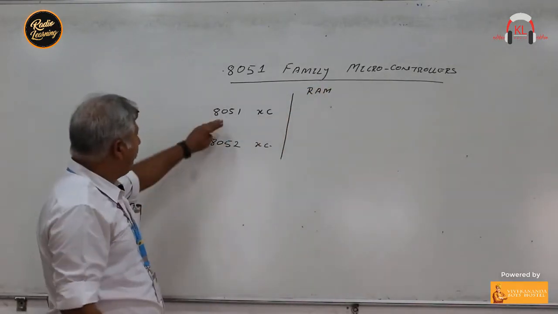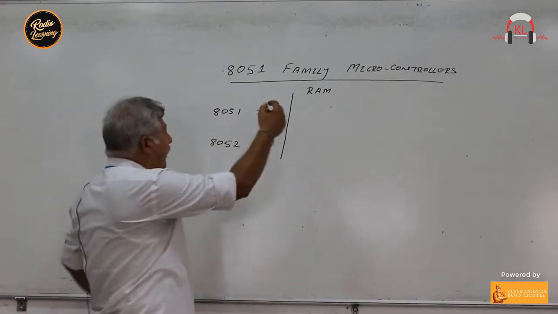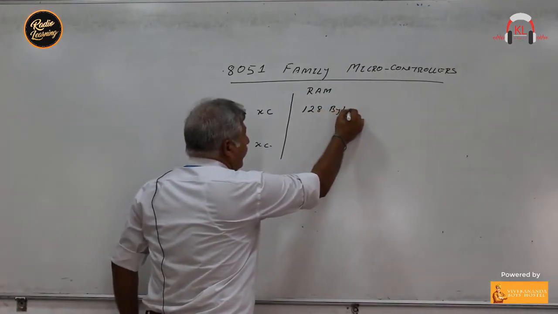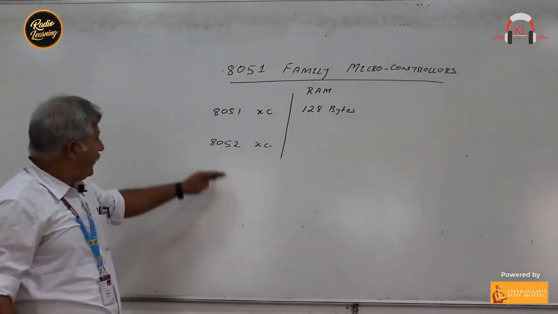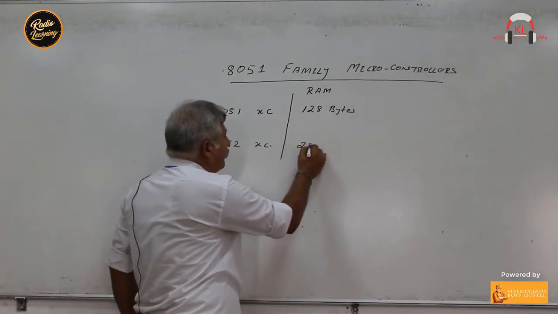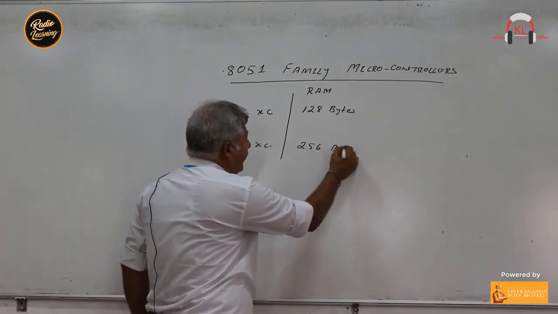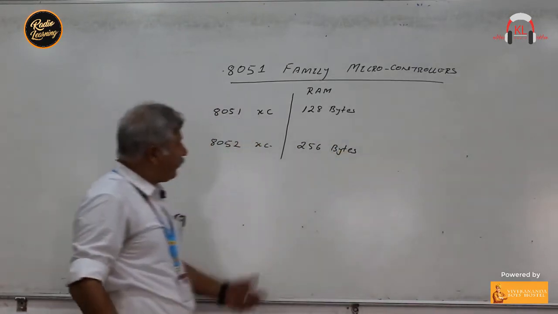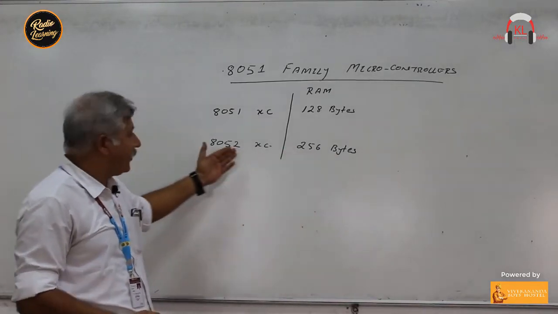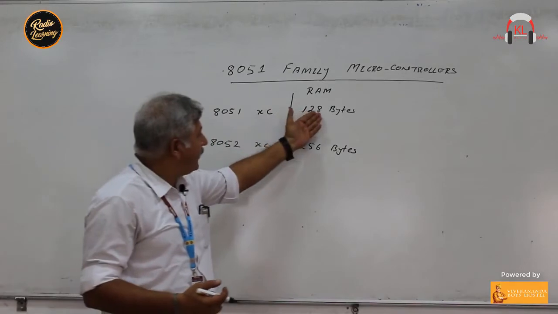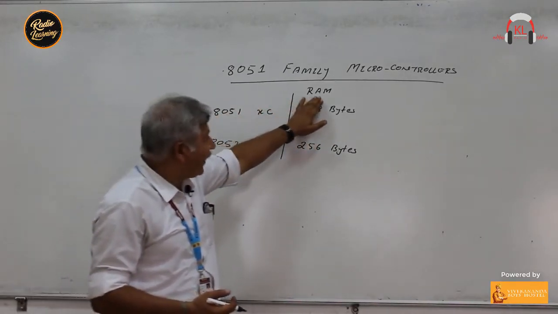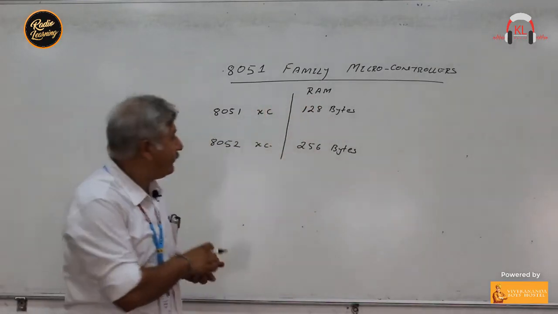In case of 8051 microcontroller, the size of RAM is 128 bytes. In case of 8052, the size of RAM is 256 bytes. This means only 256 bytes we can store in RAM in case of 8052, and only 128 bytes in case of 8051. And this RAM is the internal part of the microcontroller.